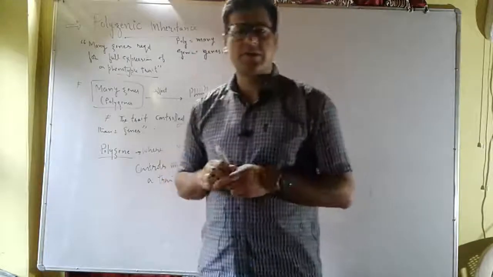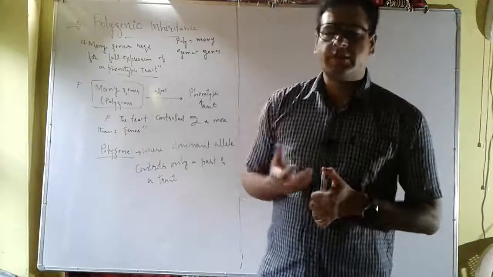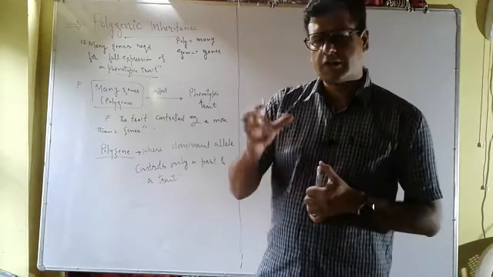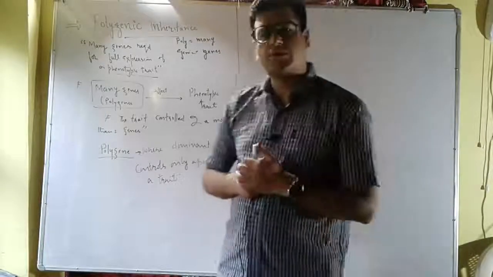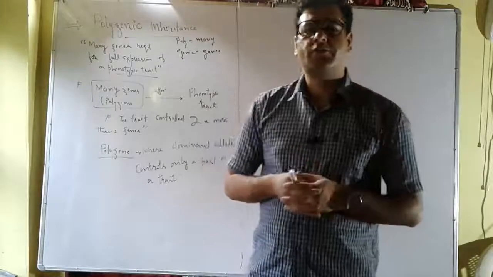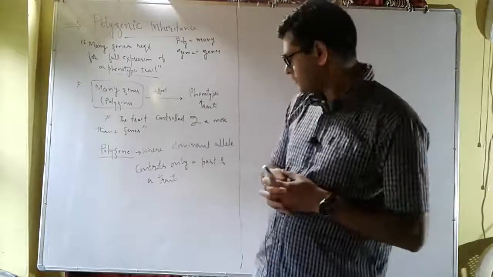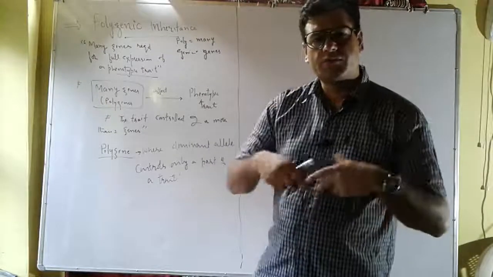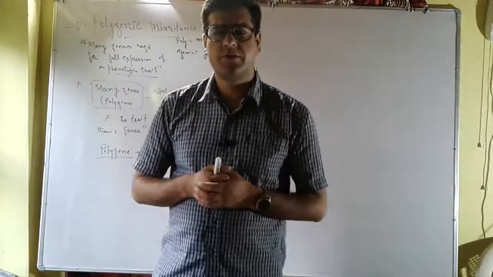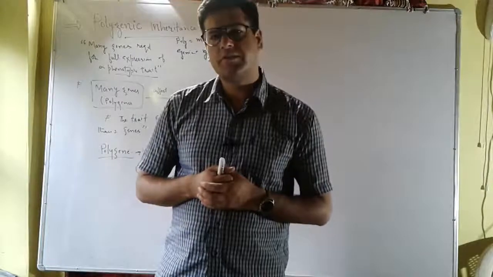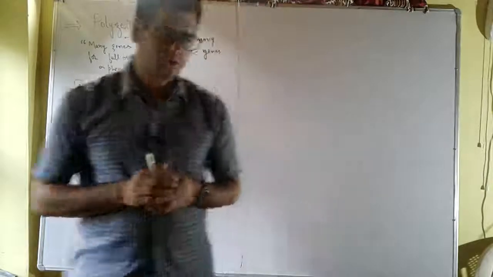So a polygene is that type of gene. In a polygene, the dominant allele controls only a part of the trait, whereas the full expression of the phenotypic trait is caused when all the dominant alleles of the polygenes are present.